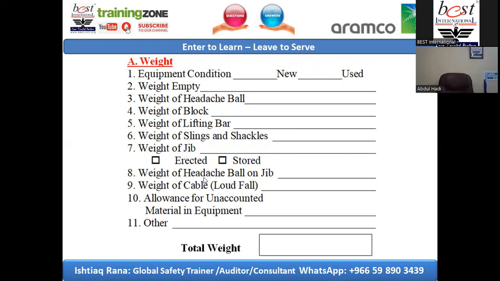Now, number eight, weight of the headache ball on the jib and weight of the cable, load fall, allowance for unaccounted material and equipment, and other. By calculating all these things, you will have the total weight, and that is portion number one of the lifting plan.